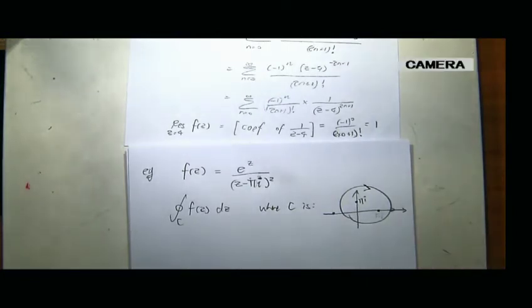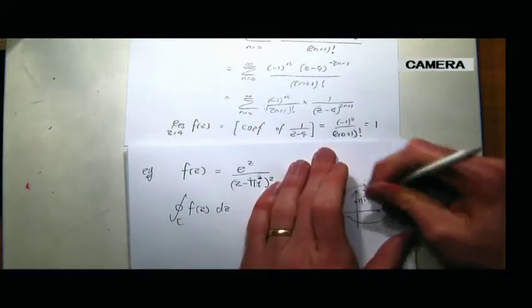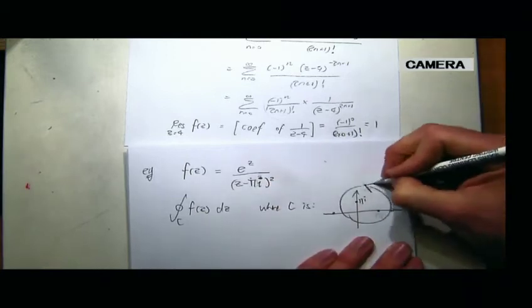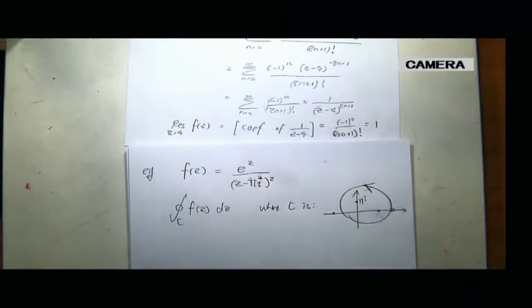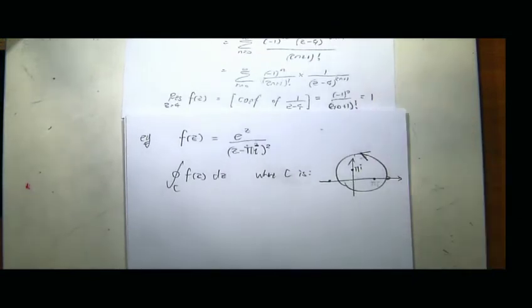So I'm going to integrate this function around that curve, which encloses pi I, which conveniently happens to be that number. So I'm going to do it via Laurent series.